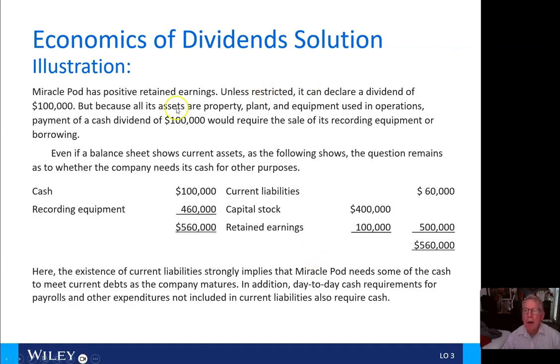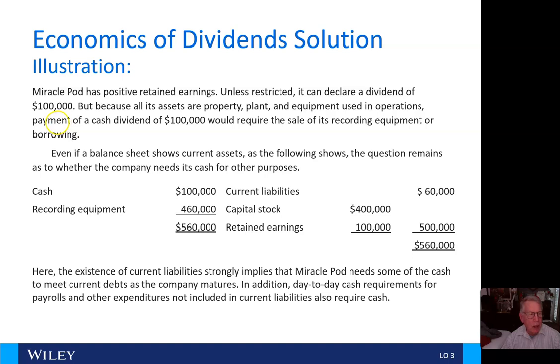Okay, Miracle Pod has a positive retained earnings. So unless they're restricted by, let's say, a bank covenant or something like that, it can declare a dividend up to $100,000. But because all of its assets or property, plant, and equipment are used in operations, the payment of a cash dividend would require the sale of its recording equipment or borrowing.